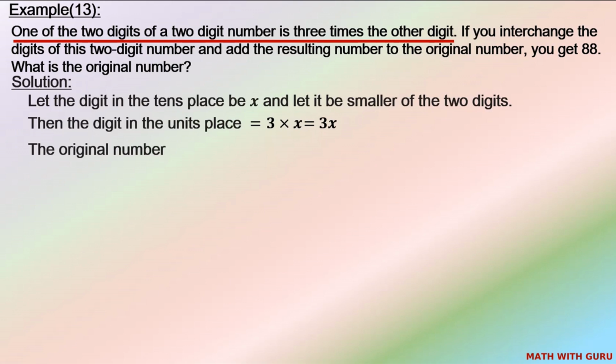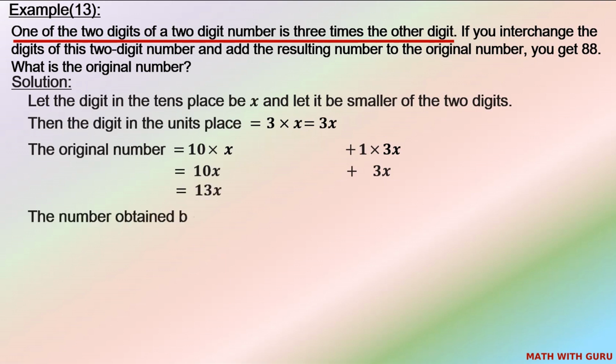The original number equals 10 into the digit in tens place plus 1 into the digit in units place. That is 10 into x plus 1 into 3x. This is equal to 10x plus 3x, which is equal to 13x.